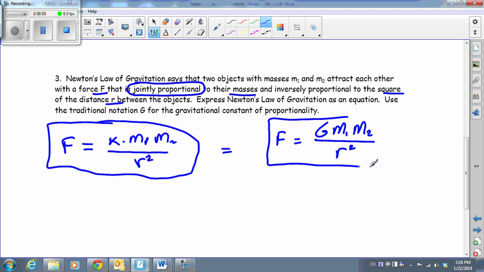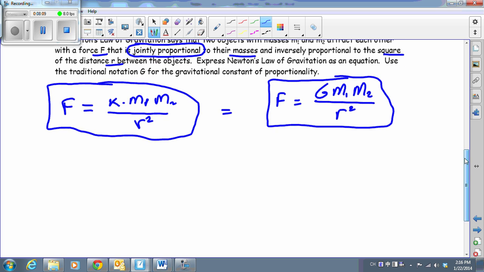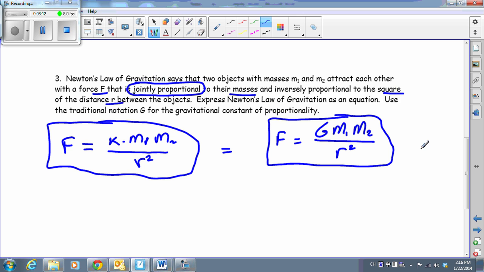This is the formula that you would probably see if you Google this. Use the traditional notation G for the gravitational constant of F. And this is what I did.